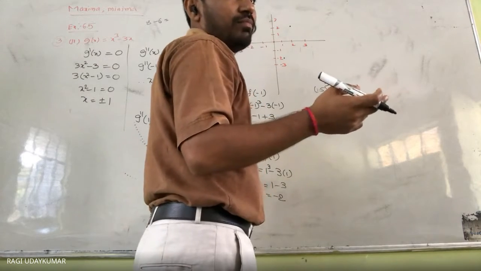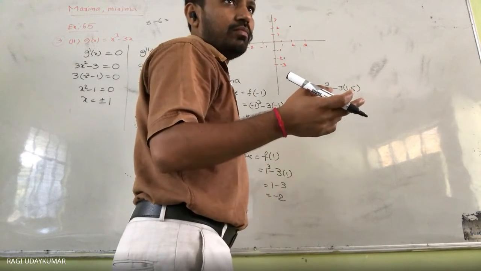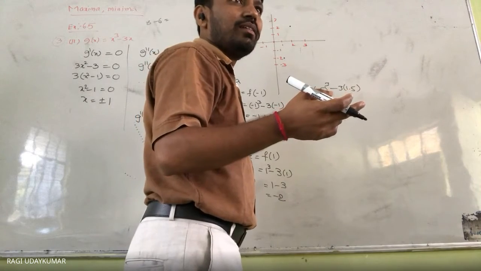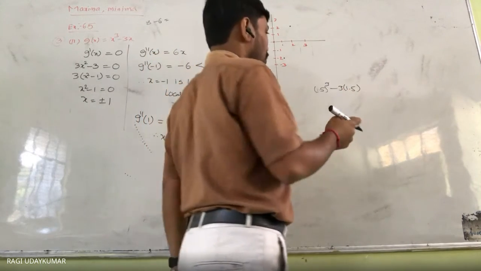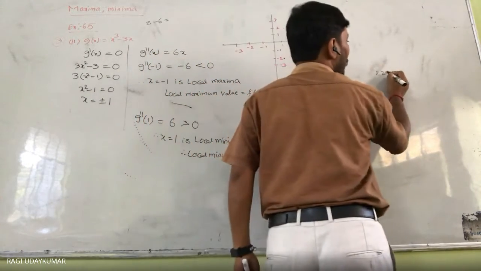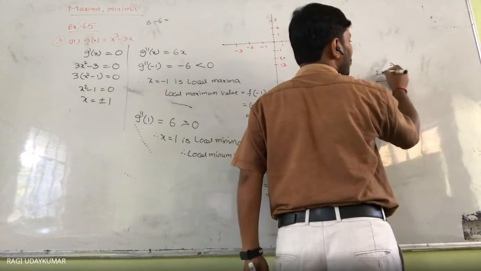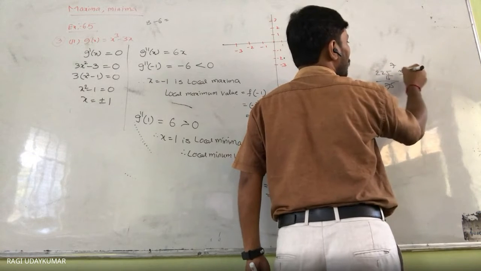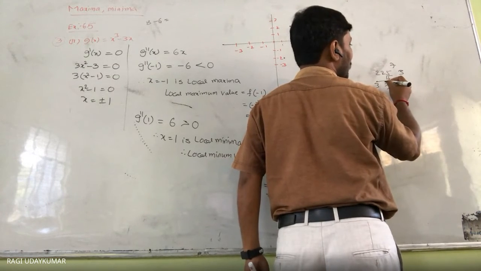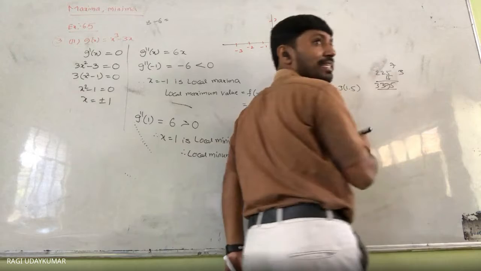1.5 cube, what? 2.25, 1.5 से मल्टीप्लाई कर, 3.375.